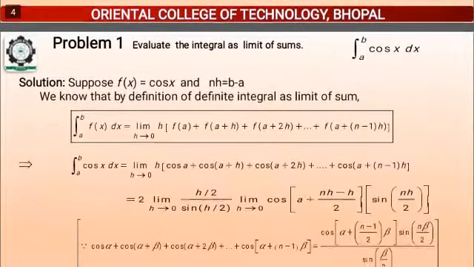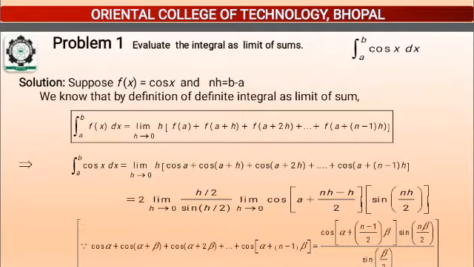This is the problem. First, evaluate the integral from a to b of cos x dx as a limit of sum. Suppose f(x) equal to cos x and nh equal to b minus a. We know that by definition of definite integral as limit of sum, this is the formula.